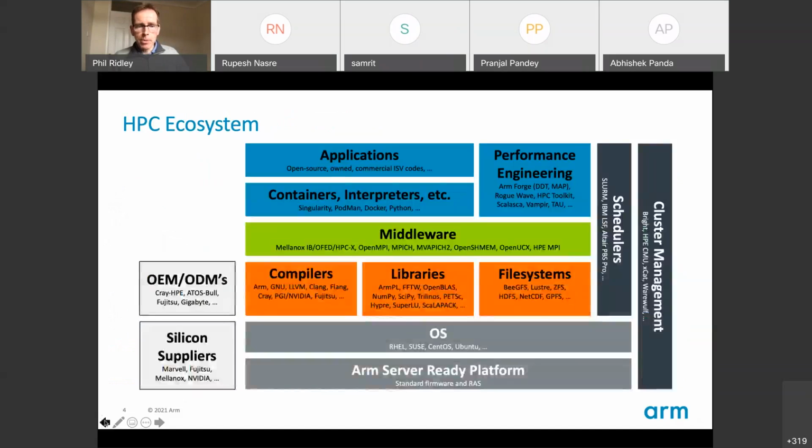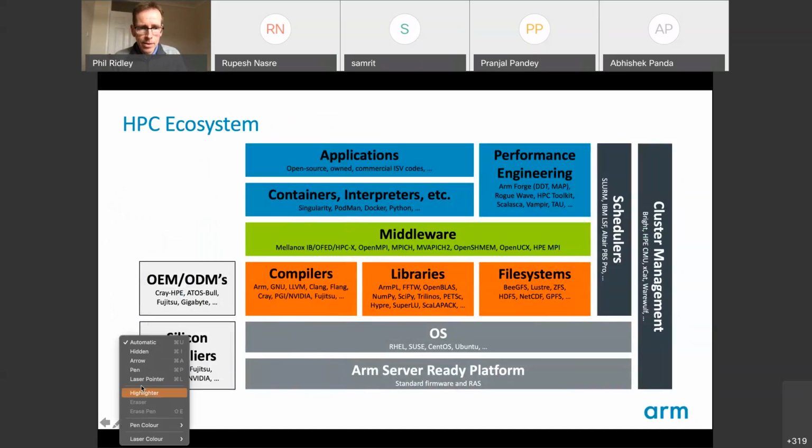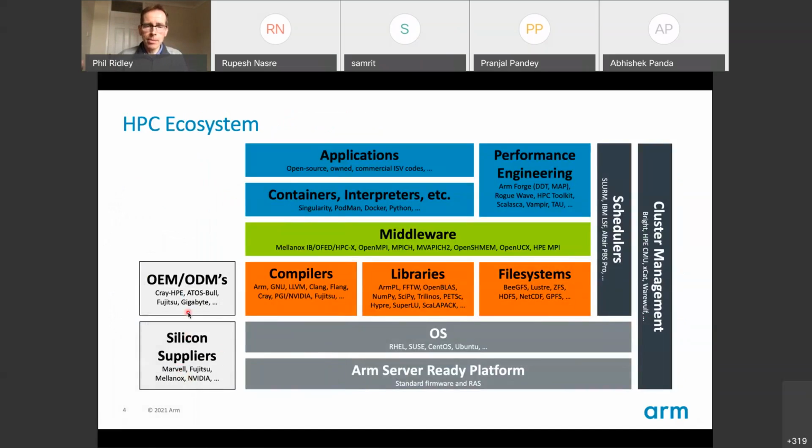So we work, on the left, with the silicon suppliers such as Cray, HPE, to provide OSs and tools, and we also work with open source developers as well, and the ecosystem covers lots of areas.